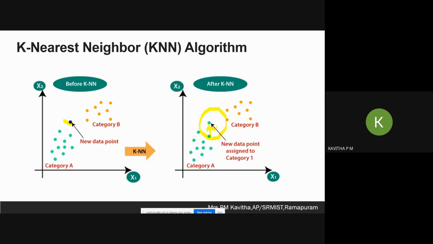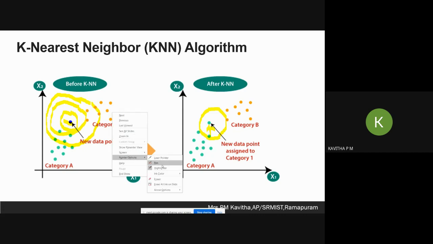Suppose we have one circle, a second circle, and we may have a third circle also. Based upon this we assign the k value, depending on how many dots are there.